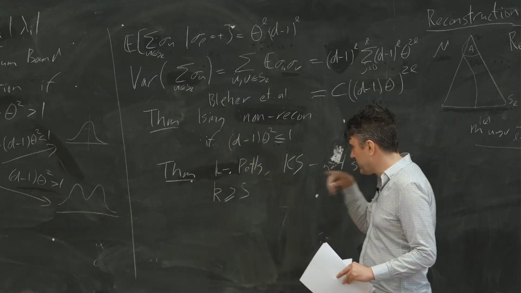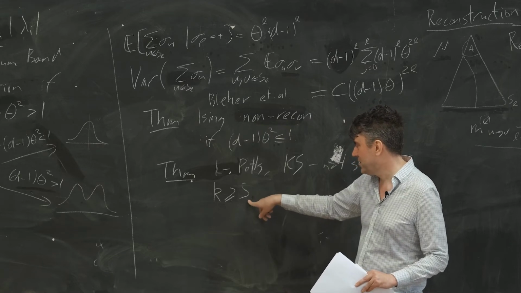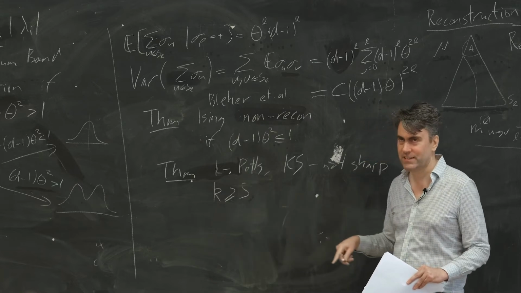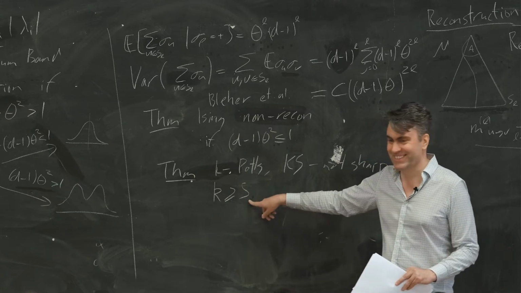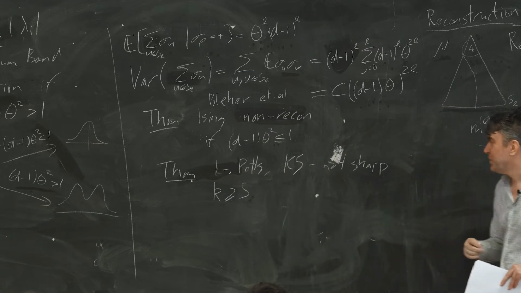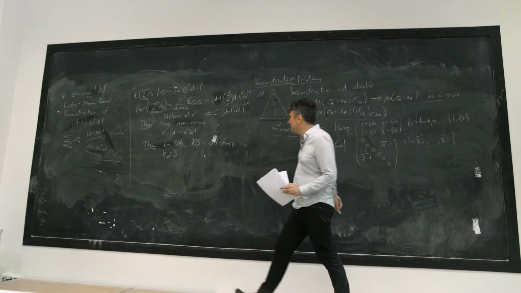In Elchanan's PhD, he proved this for K greater than or equal to 18. Then in my PhD, I proved it for K greater than or equal to 5. So we're all working on the same thing, I guess. Okay.